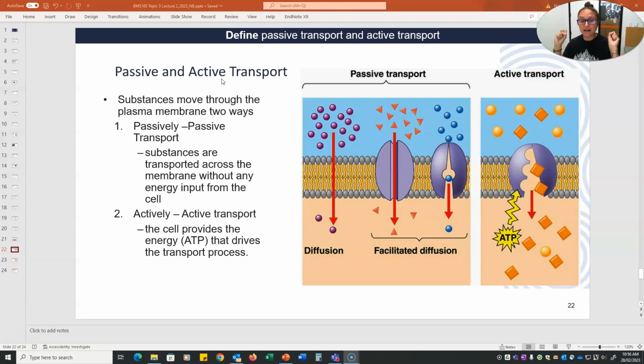What you guys need to understand now, and we will see a lot of examples of this, one requires energy and one doesn't. The active transport requires energy, which comes from which organelle? Did you say the mighty mitochondria? I hope you did. And one is passive, that does not involve energy. That's all you need to know at this point.